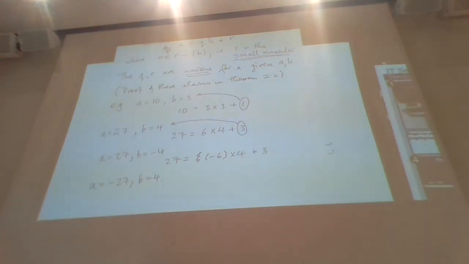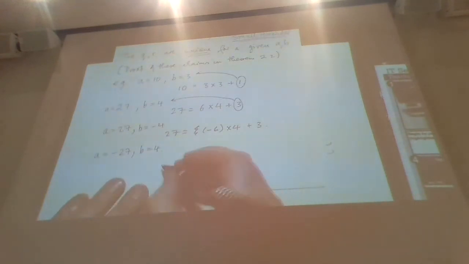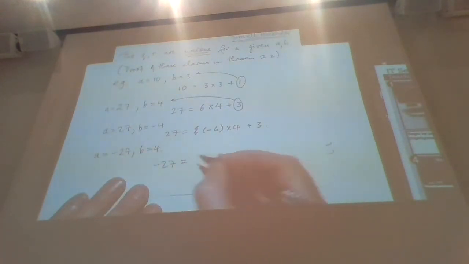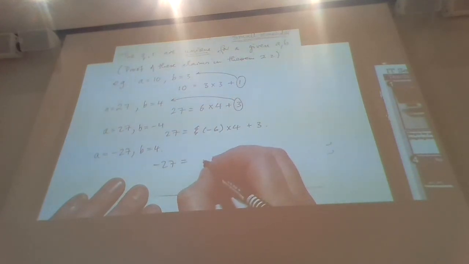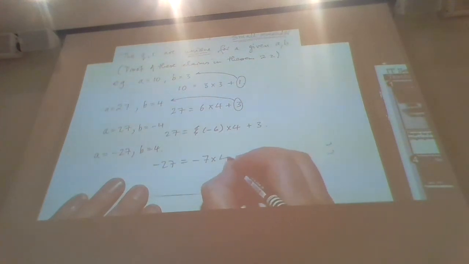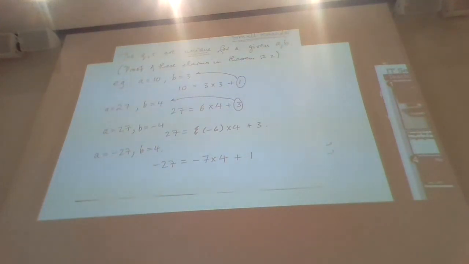That's the only way in which it might look slightly quirky. Then for minus 27, this time we take a multiple of 4 that brings us to the other side of minus 27. So we go minus 7 times 4 to give us minus 28, and then we can add on remainder 1 to get to minus 27.